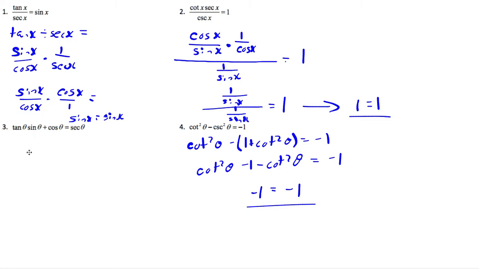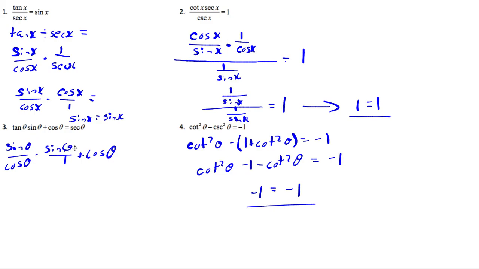Okay, this is a good one. So we're going to make this sine of x over cosine of x times sine of x over 1 plus cosine. I changed the variables for some reason. We'll keep them as thetas.